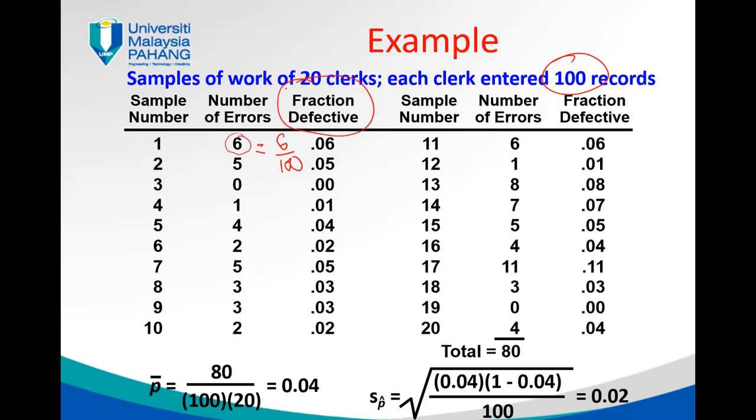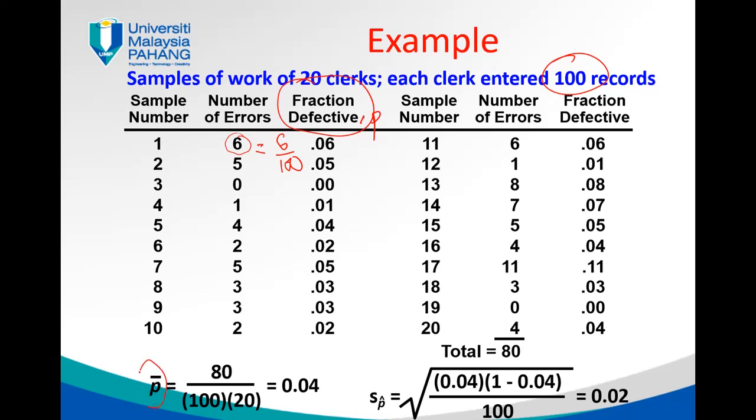The P value is the fraction defective here. From there we can calculate the P bar.